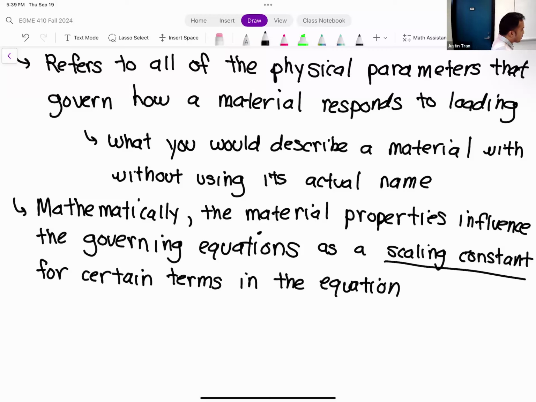And so depending on the values of the material properties, they may cause certain behaviors in the equation to be more pronounced than others. Okay.